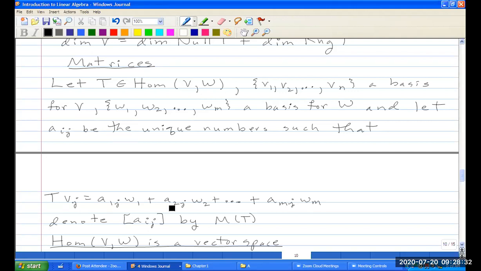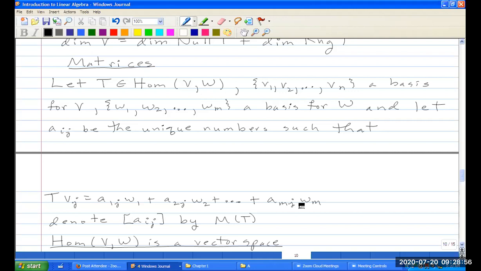We will denote these by, it is a matrix. So this is just the matrix associated with this linear transformation.